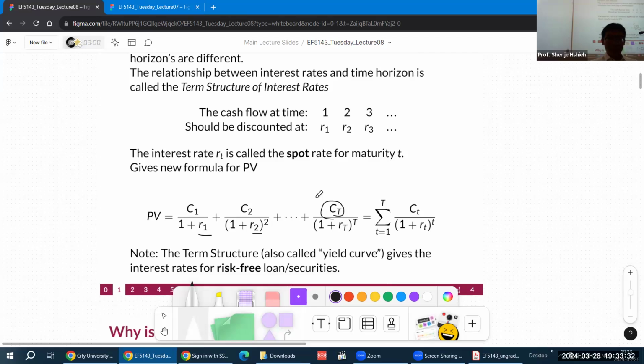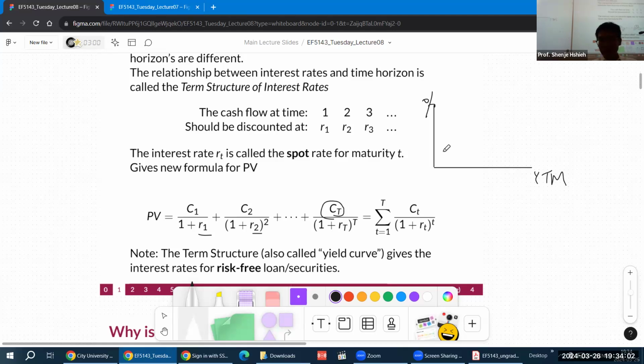So the R's that you derive from here, R1 to RT, will give you what's called the yield curve or the term structure. So this is just the cross-section of interest rates at any point in time, right? I guess people may be confused when they see something like this. Let's say this is the percent yield, and then you have maturity, say YTM, yield to maturity.